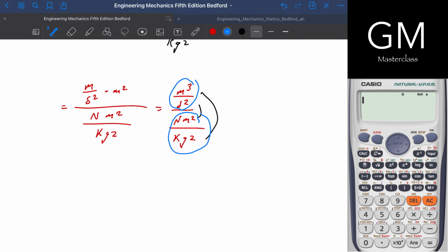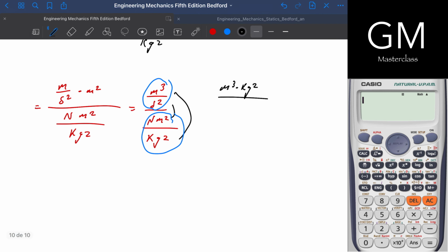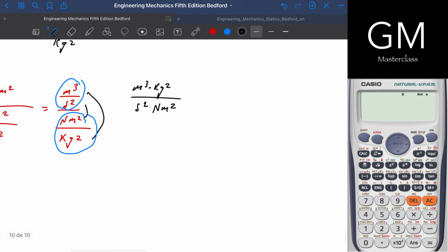That is meters to the third power multiplied by kilograms to the second power. And I'm going to divide that by the denominator of the first division multiplied by the numerator of the second division, which is seconds to the second power multiplied by newtons square meters.